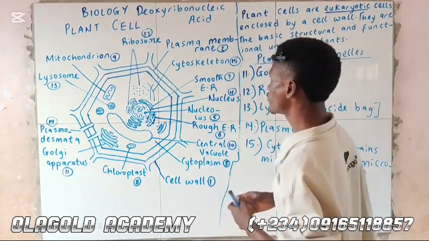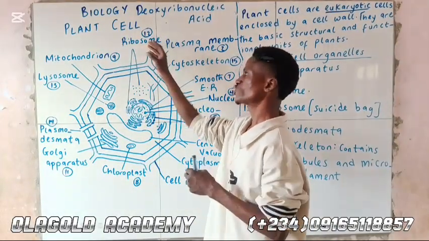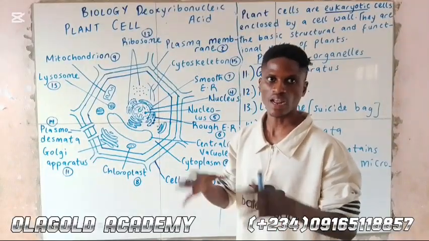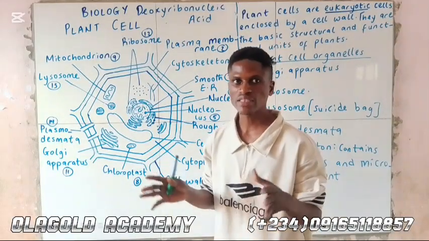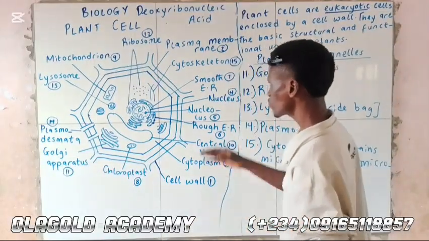Number 12, we have the ribosome. And I said that this ribosome is what helps to synthesize protein. In other words, it combines amino acids together to form protein.